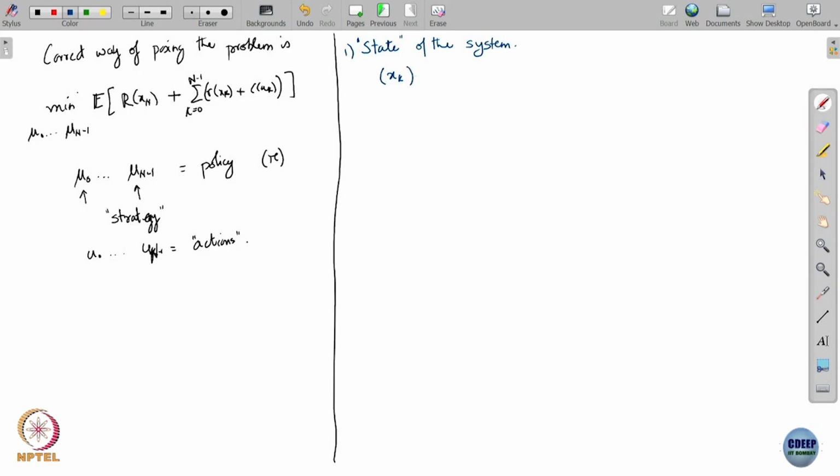In the previous problem, it was the inventory level. It is whatever is needed to capture the configuration of the system.